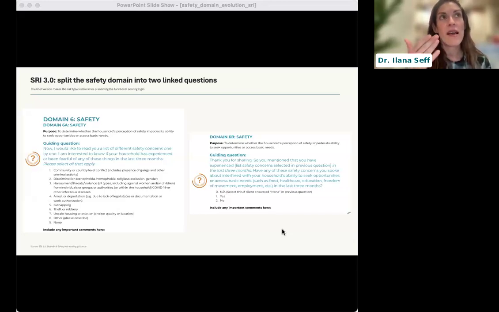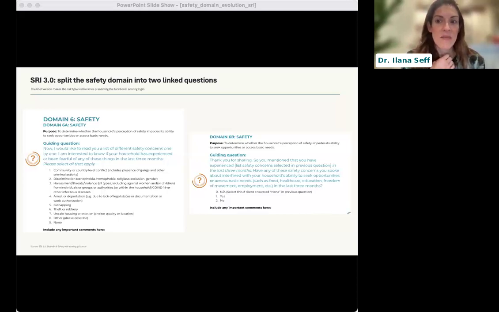We really want them to probe about each item, and the respondent will either say yes or no. And so at the end of this question, you'll have some number of safety concerns identified, or option 9, no safety concerns identified. If the household says that they do have at least one safety concern, then in 6B, we're asking, okay, you mentioned that you had these safety concerns.